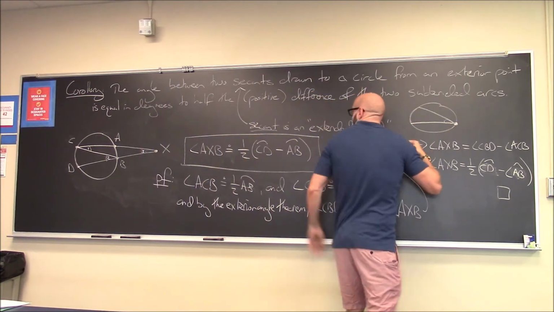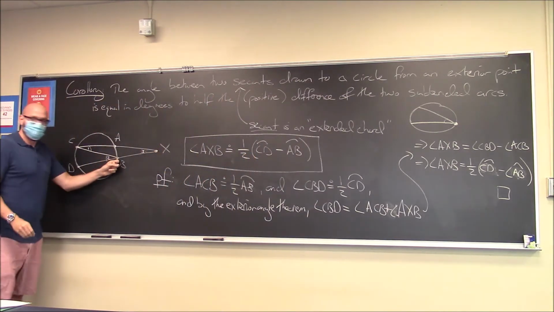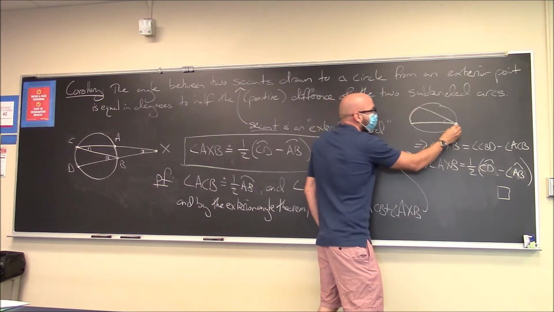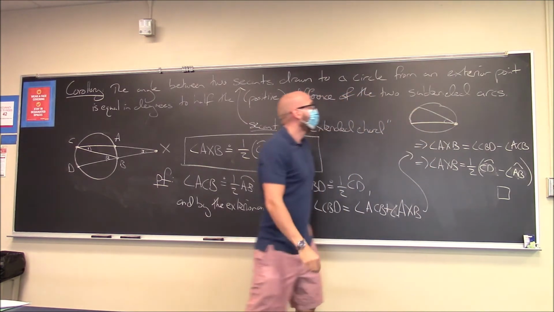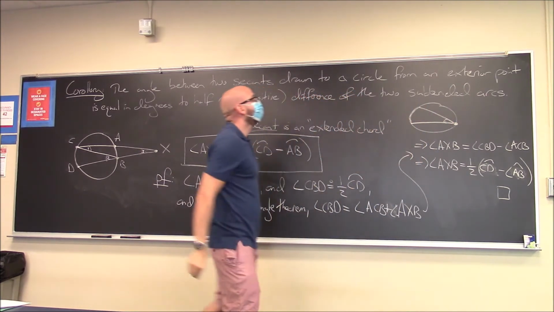If you take this special case where this intersection point X is right here on the boundary, it would be 1/2 of the big arc minus a little small arc there. But that arc has 0 length. So this angle is just 1/2 of this subtended arc.